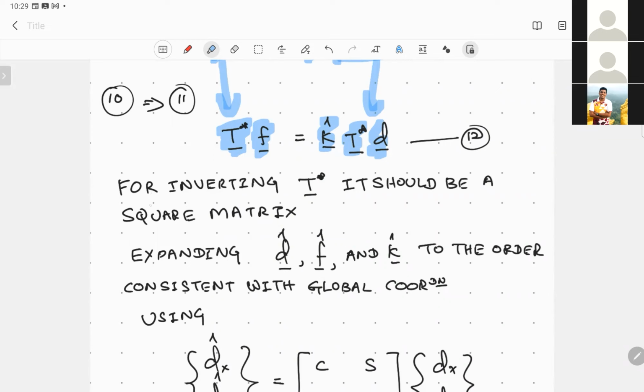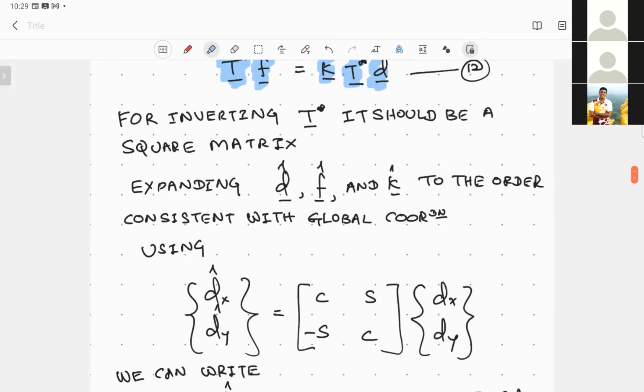The first requirement is that the t matrix should be a square matrix, otherwise we cannot invert it. So in order to make this transformation matrix a square matrix, we need to expand d hat and f hat as well as k to the order which is consistent with the global coordinate system.